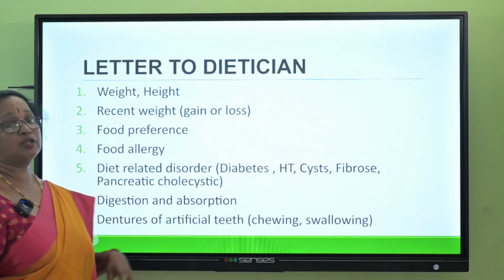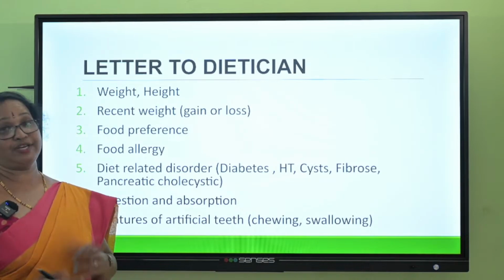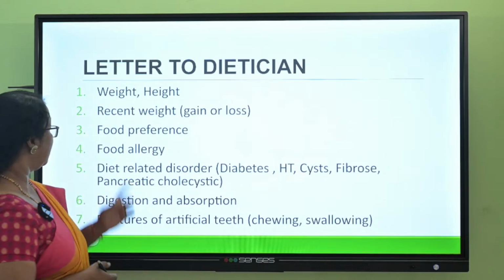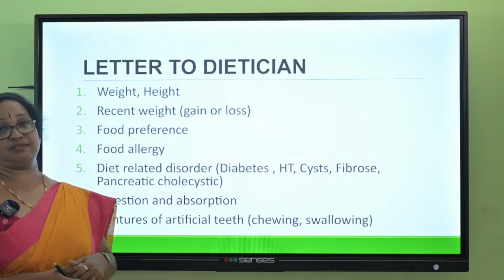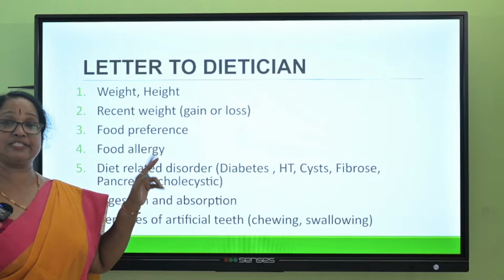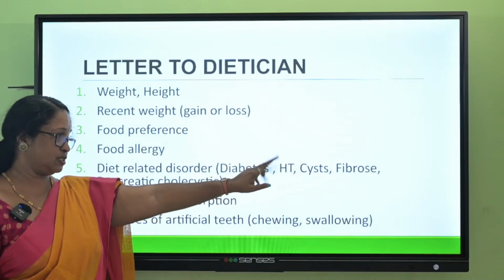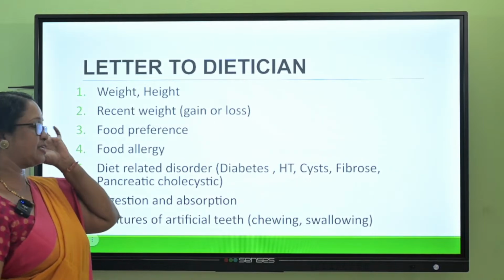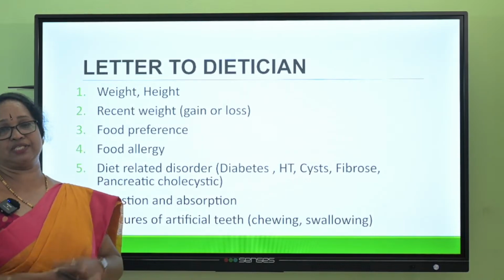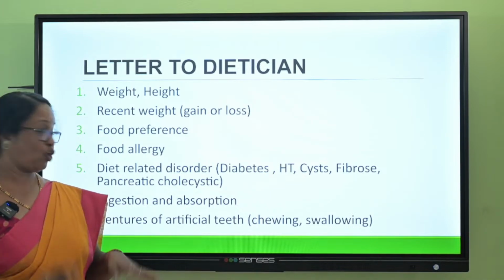And the food preference of the patient, whether he is veg or non-veg, and the food allergies. Next, whether the patient has any diet-related disorders like diabetes, hypertension, cystic fibrosis or pancreatic disease, cholecystitis. These disease conditions must be noted.